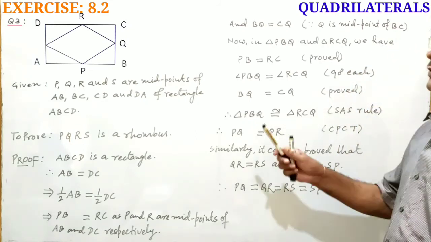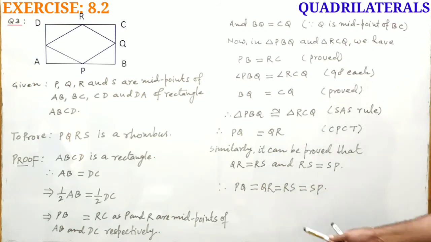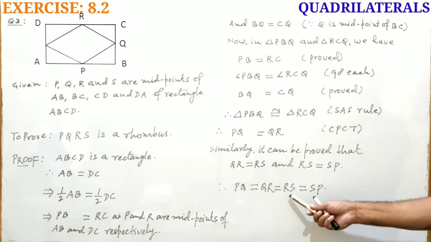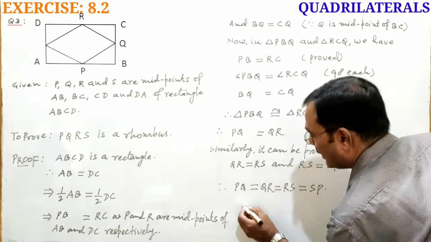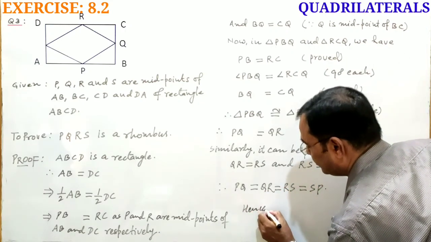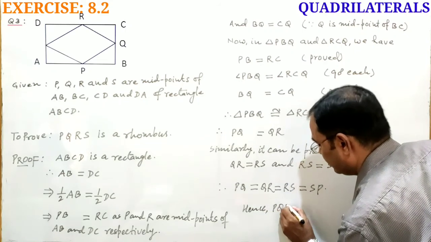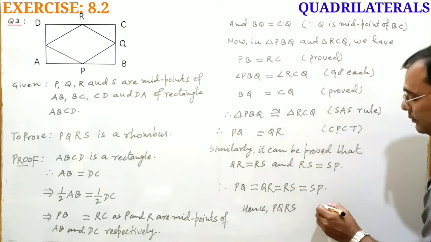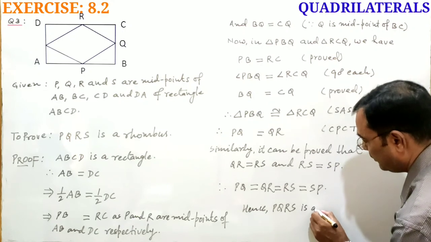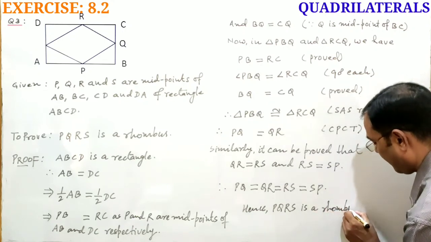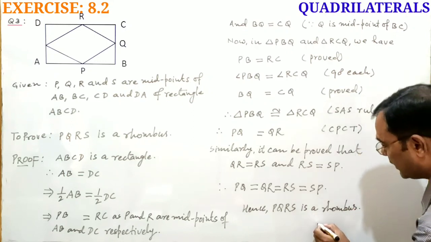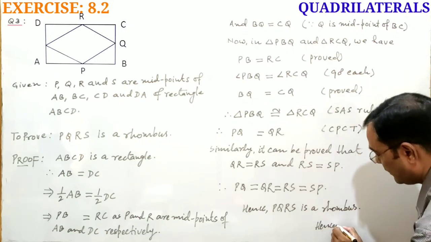Four sides of quadrilateral PQRS are equal, that we have proved, and we can therefore conclude that quadrilateral PQRS is a rhombus. Hence, PQRS is a rhombus. Hence proved.